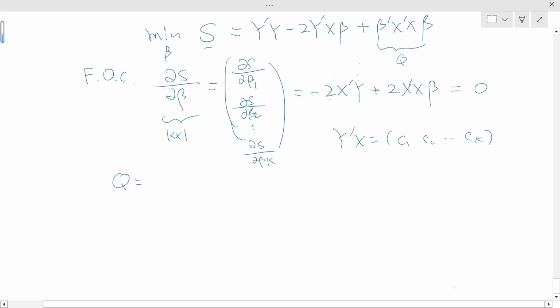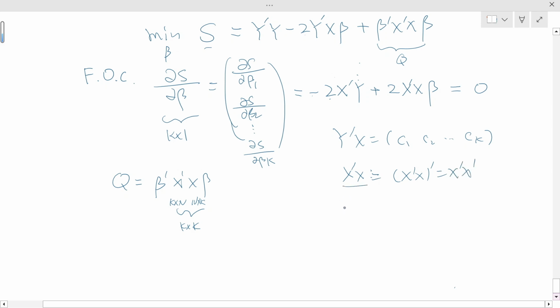Now let q be beta prime x prime x beta, and note that x prime is k by n, x is n by k, so x prime x is k by k. And also note that x prime x is symmetric because x prime x is equal to the transpose of x prime x. They are equal, so this is symmetric.